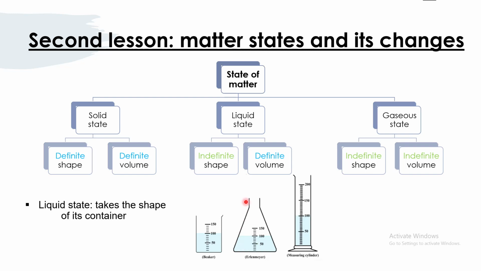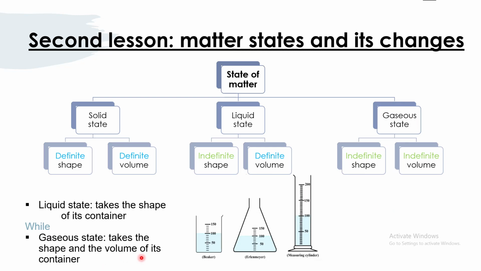In the same manner, if we pour the same quantity of water in another cylinder, the water will take the shape of its container, but the volume will remain constant. This is different for the gaseous state, because the gaseous state takes the shape and the volume of its container. So the liquid state takes only the shape of its container, without the volume.